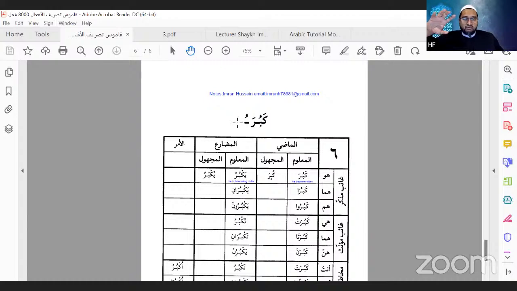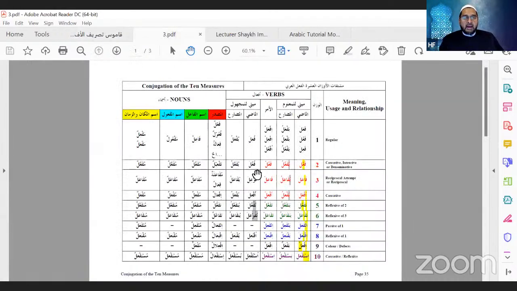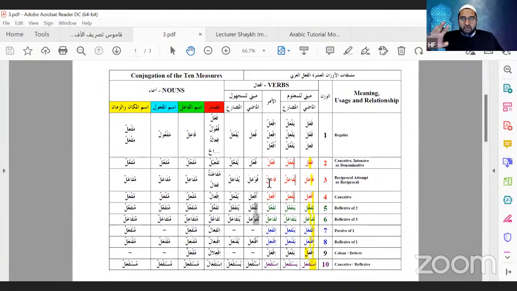Now, all of the verbs in the Arabic language which contain 3 letters will be conjugated on these 6 patterns. So these are the basic 6 patterns for a 3-letter verb. Then we move on. Then we have additional letters which are added on to the 3-letter verbs.